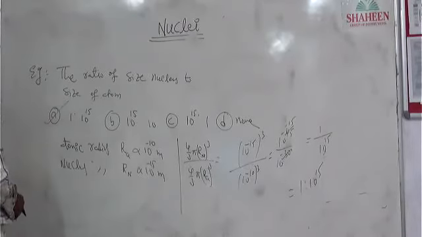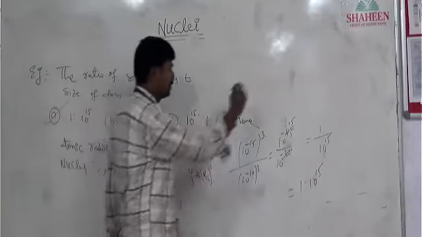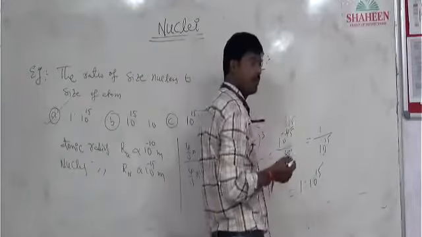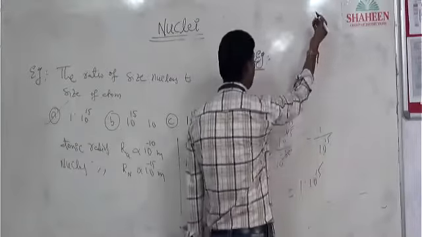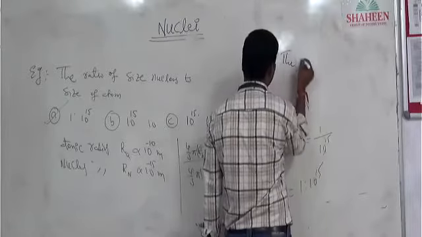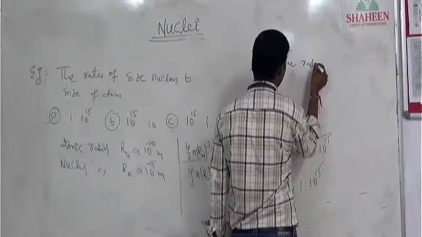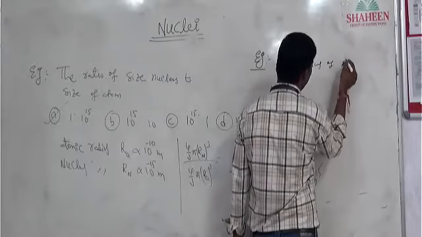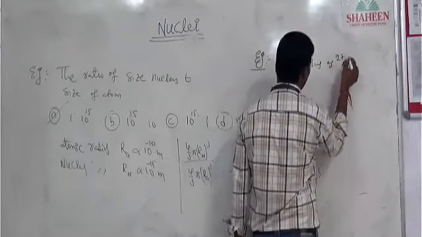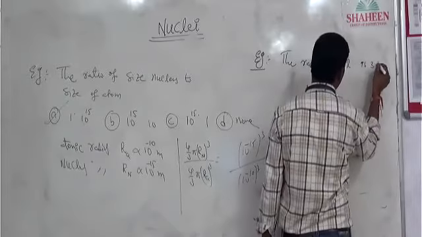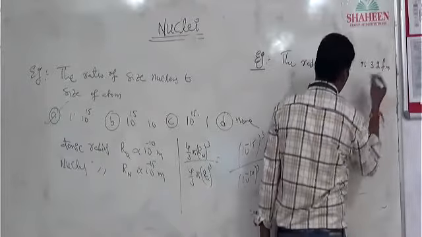Now one more question, you see. The radius of aluminium 27 is 3.2 Fermi meter.